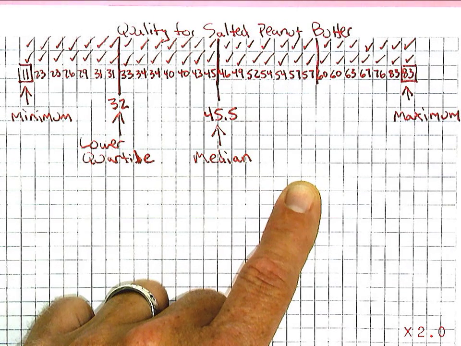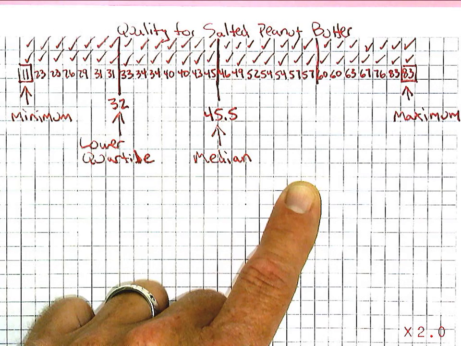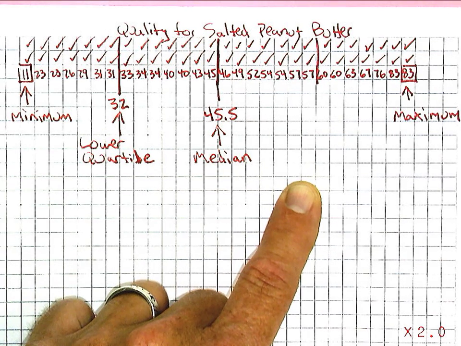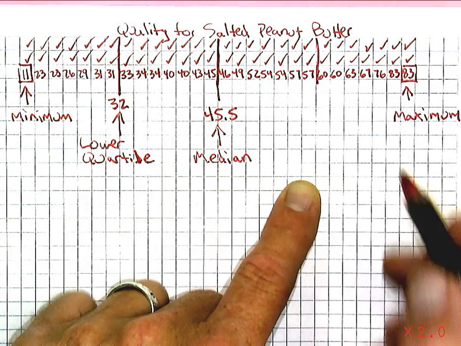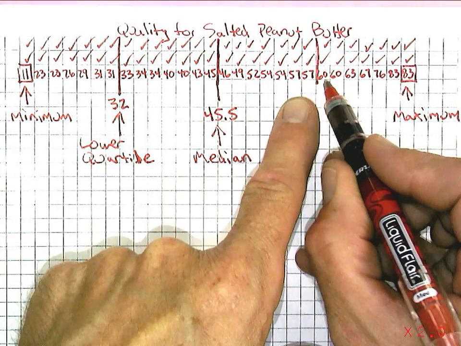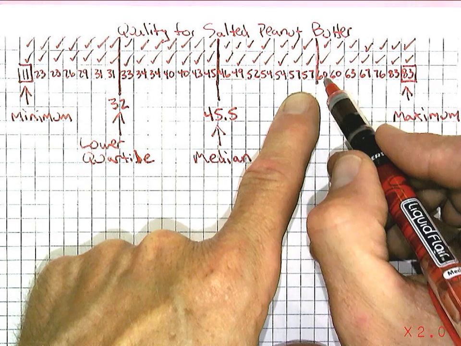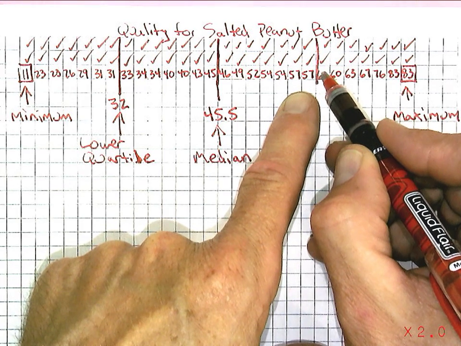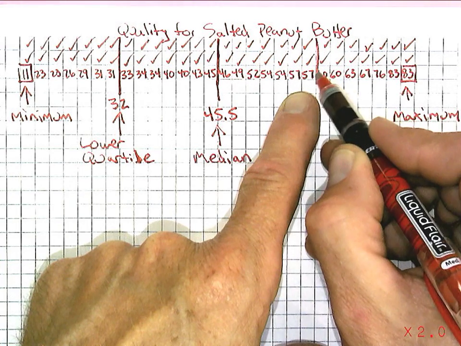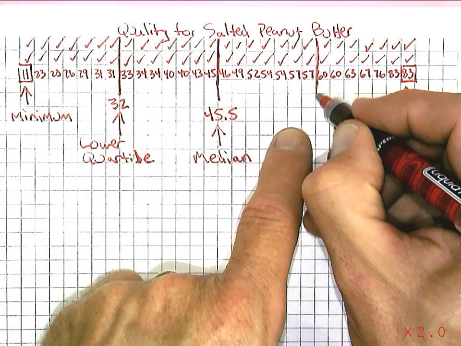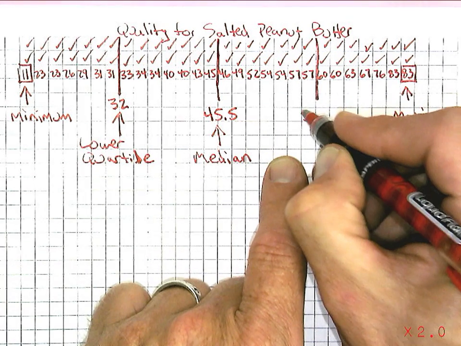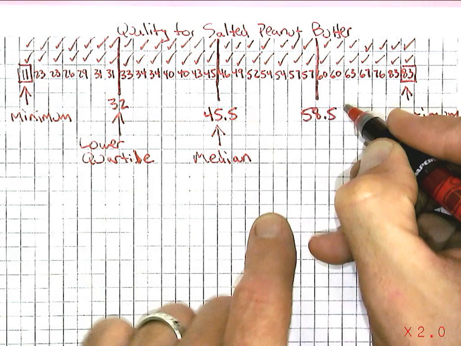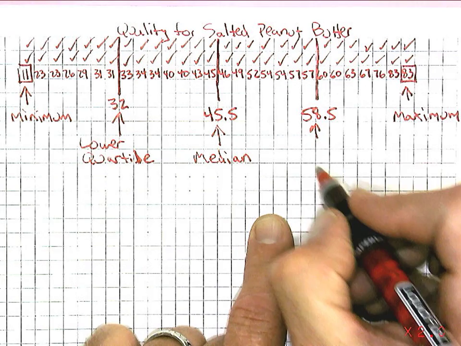So if I want to find the number between 57 and 60, I have to think about what's between those two numbers, so halfway between 58 and 59 is 58.5. That is my upper quartile.